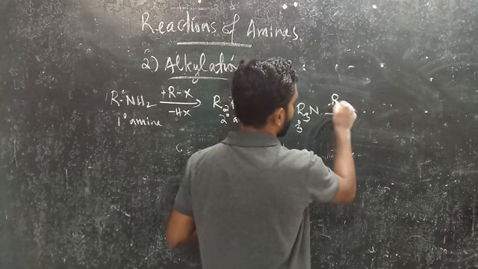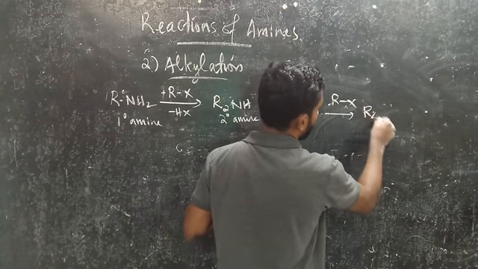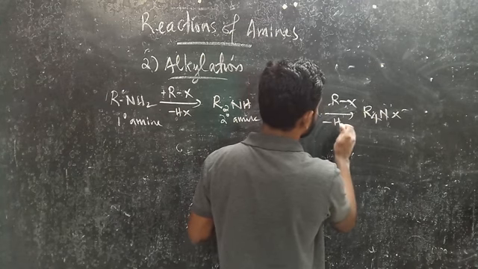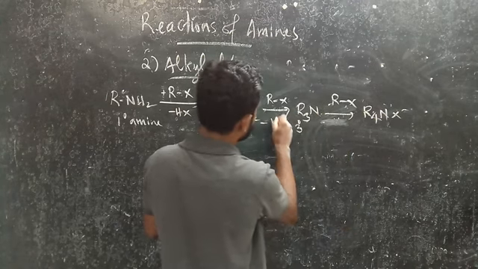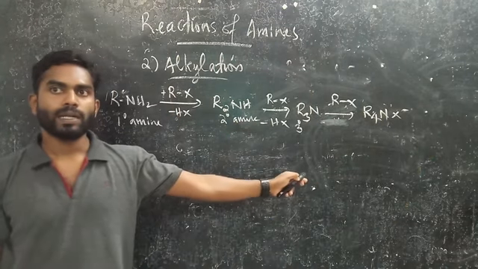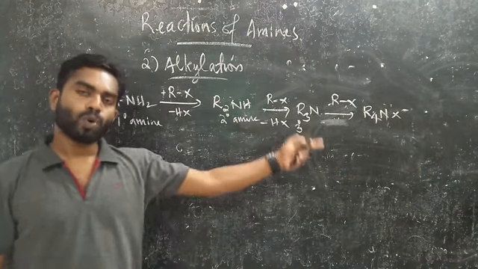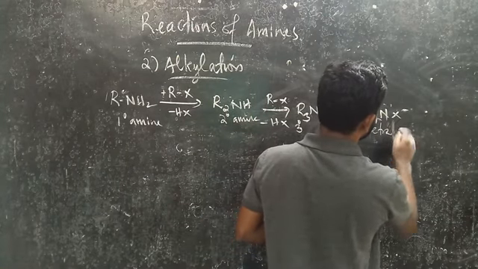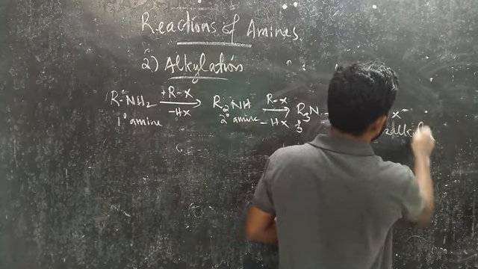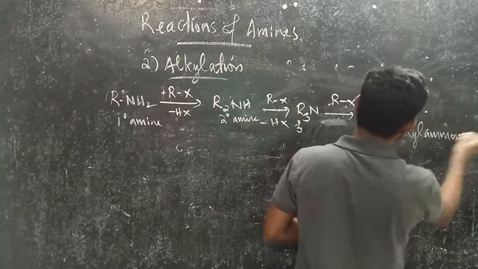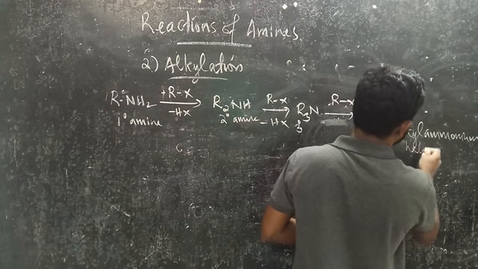Again it reacts with RX and we get R4N+ X-, a tetra-alkyl ammonium halide.